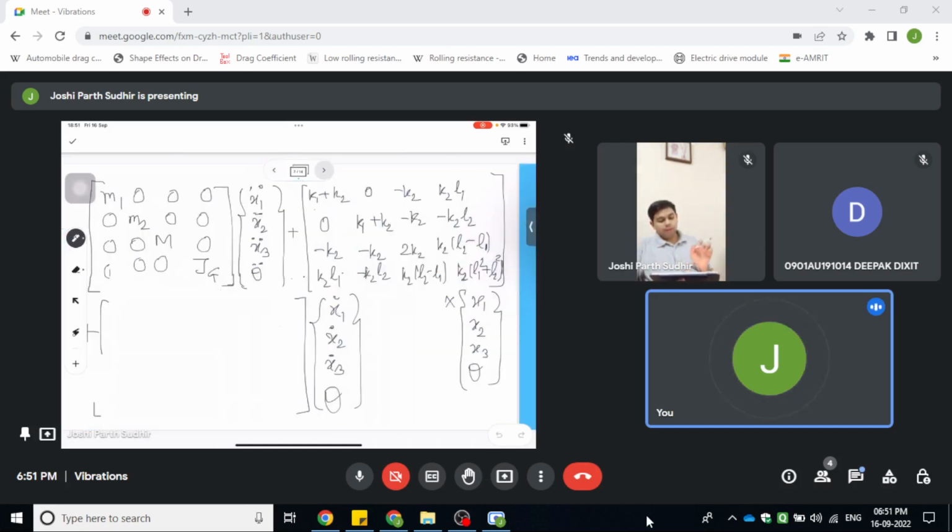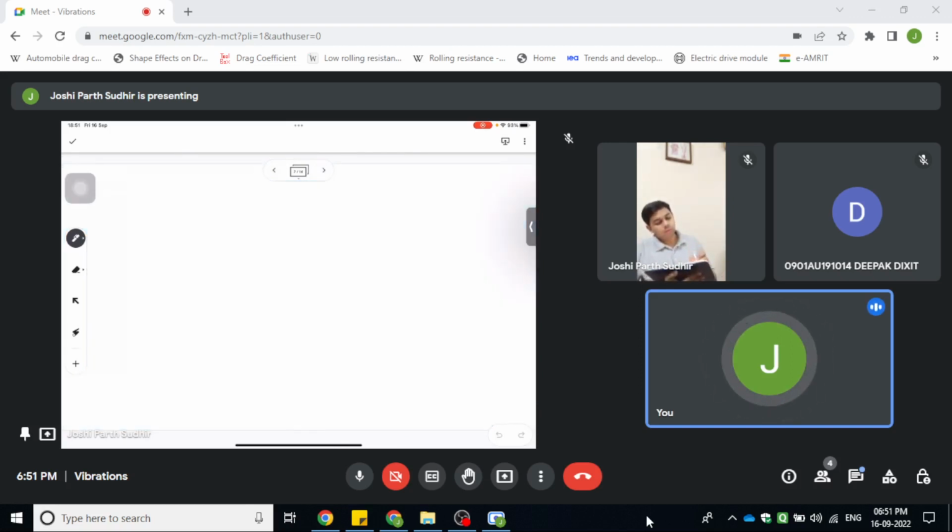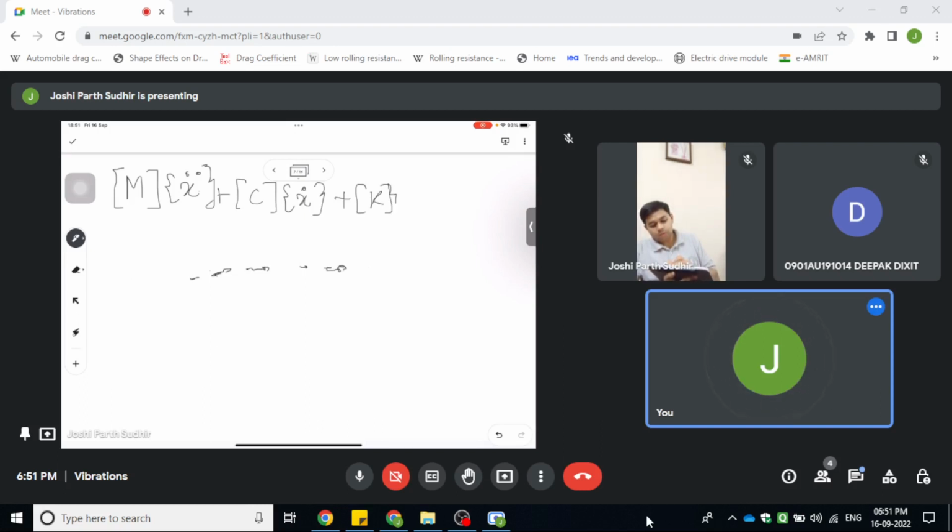So we will basically get the equations of motion in the form of M x double dot plus C x dot plus K x is equal to 0. So this will be the general form of the equation of motion for any multi-degree of freedom system.